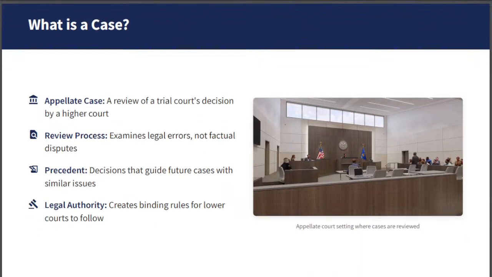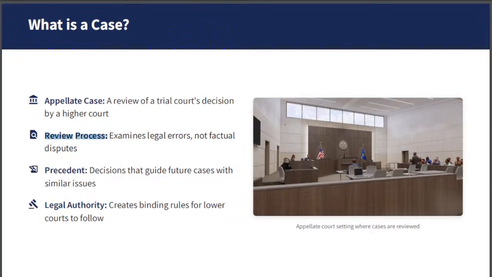So what is a case? Well, what we're talking about here is an appellate case, because the briefs are for the appeals. A review of the trial court's decision by a higher court. The review process examines legal errors, not the factual disputes.